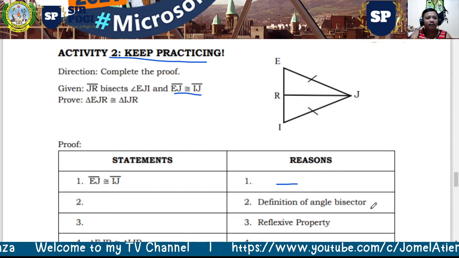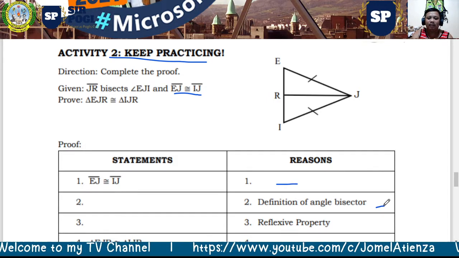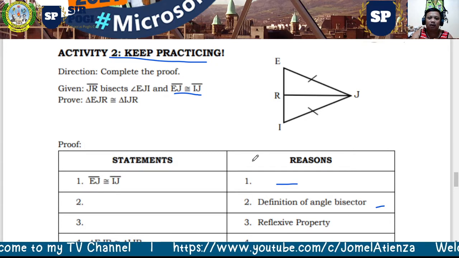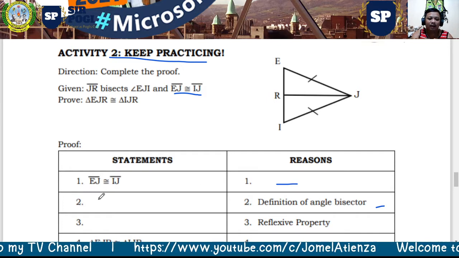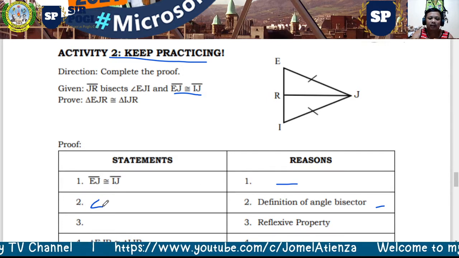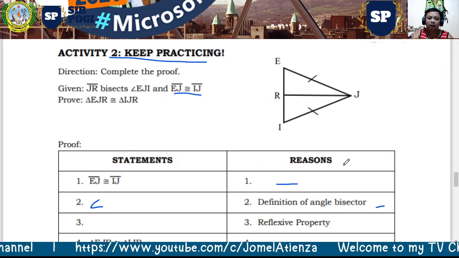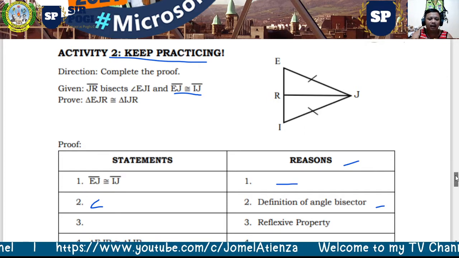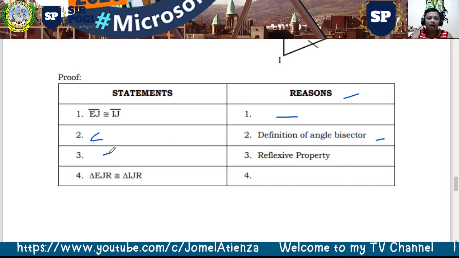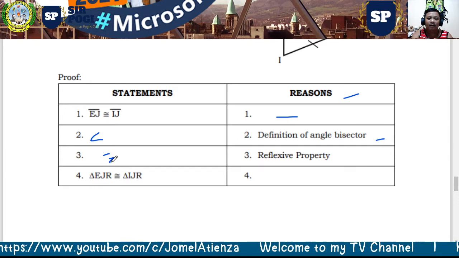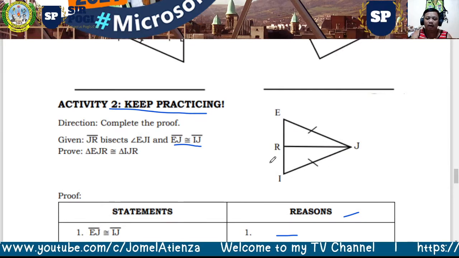How about the definition of angle bisector? What angle? The answer for this statement should be an angle, because the reason is the definition of angle bisector. For number 3, it's either side or angle, so let us look at what we have already proved.